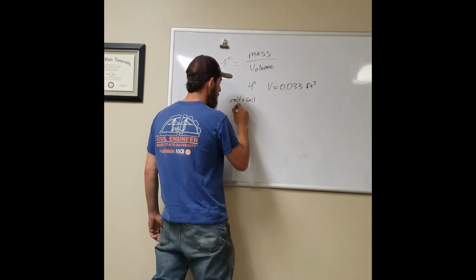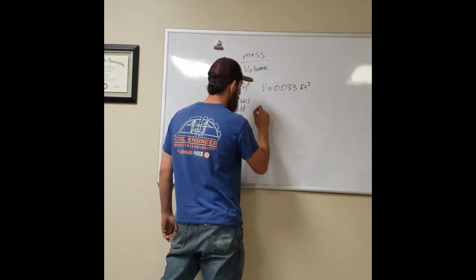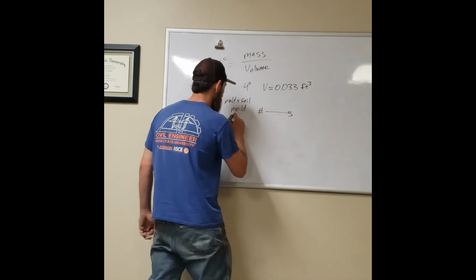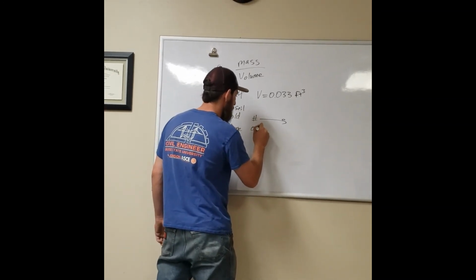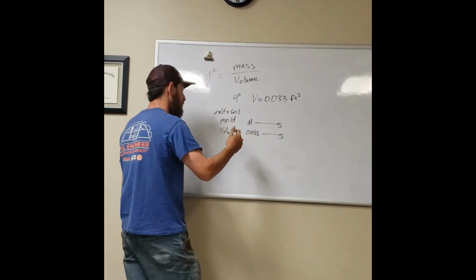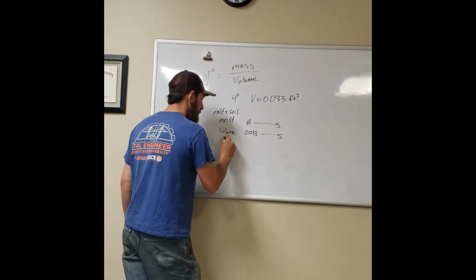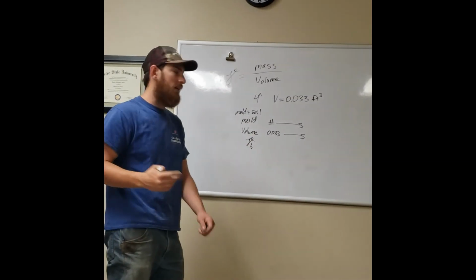I'll have my mass of the mold, and this is going to be the same number all the way through. That's not going to change. My volume will be 0.033 all the way through, and this is for each trial. We'll have a bunch of trials, and then we're going to have our bulk density or our wet density.